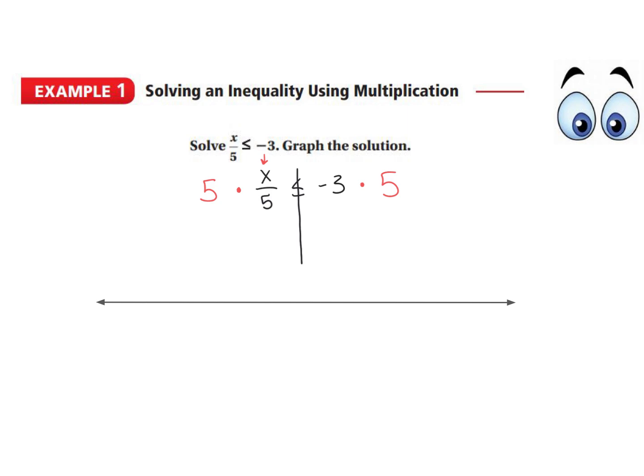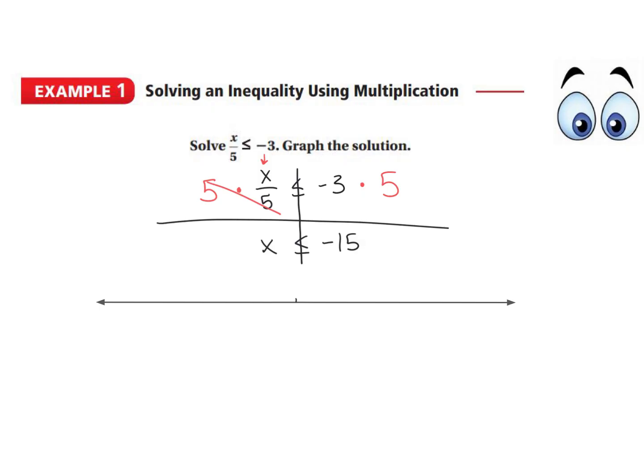In our first couple examples, they'll all be positive. We'll see then what happens when they're negative. By multiplying by 5, that cancels these two 5s out, and on the left I'm left with just x, which is what I wanted. I'm going to bring down my exact same inequality symbol. -3 times 5 results in -15. So I've solved my inequality.